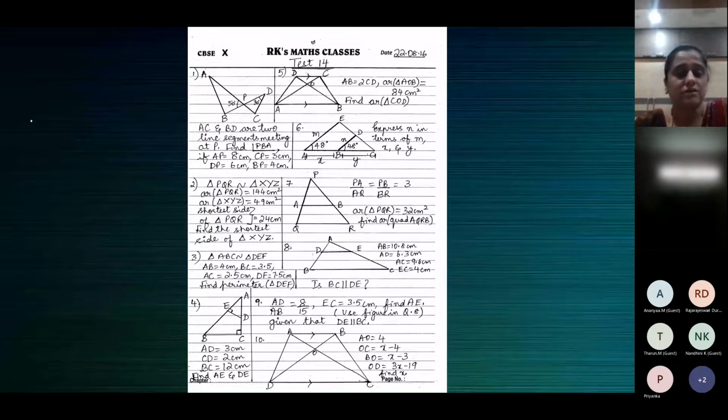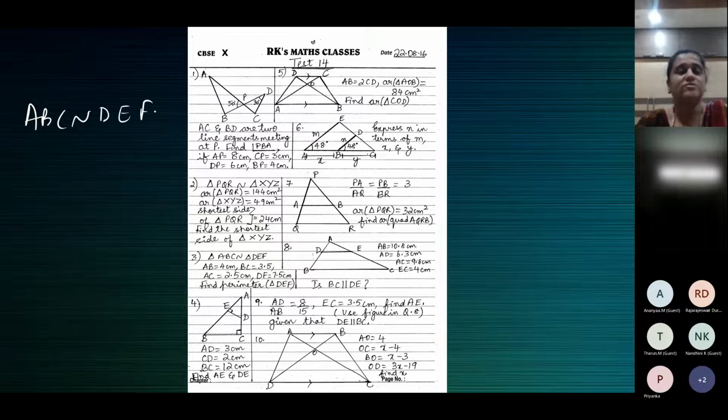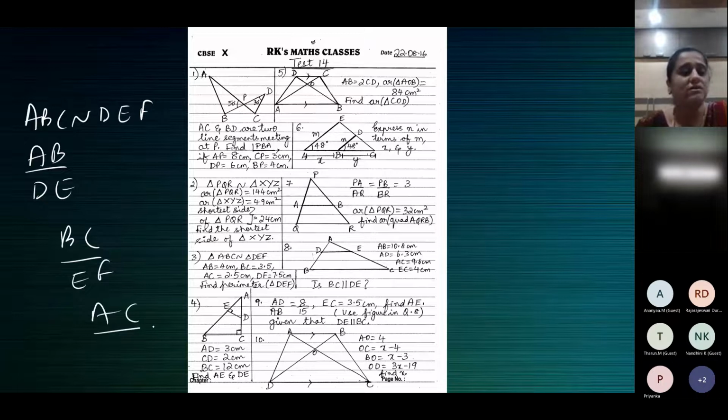See, ABC is similar to DEF. So which are the corresponding sides? See, the result is ratio of the perimeters is equal to ratio of the corresponding sides. Corresponding sides meaning it can be equal to AB by DE, or you can write BC by EF, or you can write AC by DF.